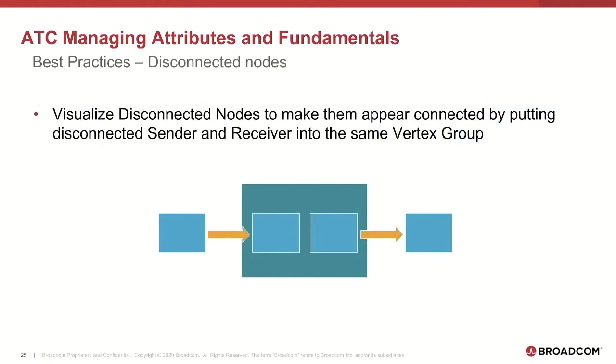Another best practice is how to deal with many disconnected nodes. You have seen the island pattern or the broken tree pattern, meaning with Vertex Groups, I can make the full group appear like the nodes would be connected, even though ATC doesn't visualize them connected.